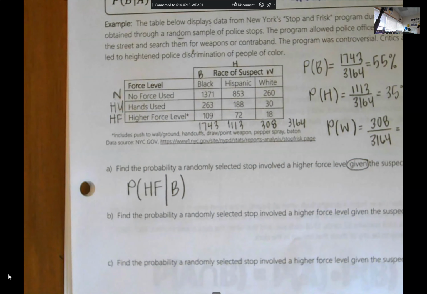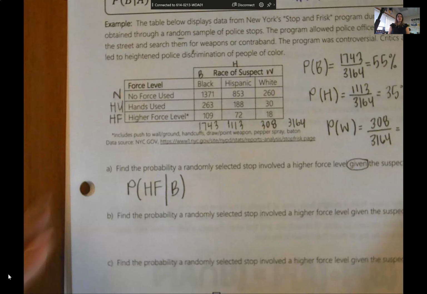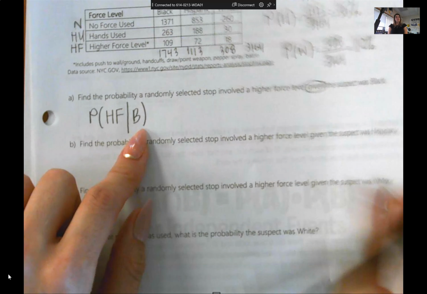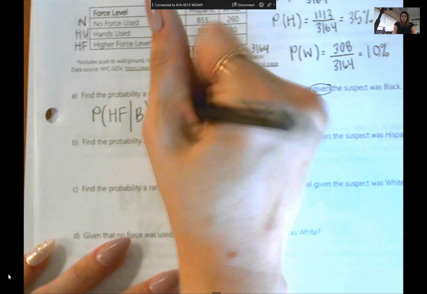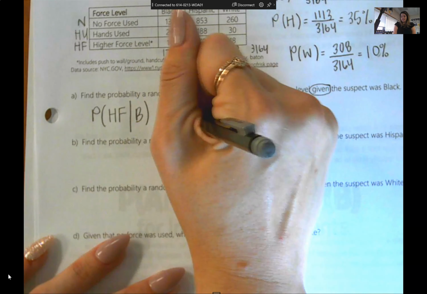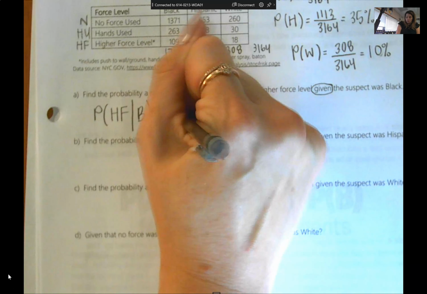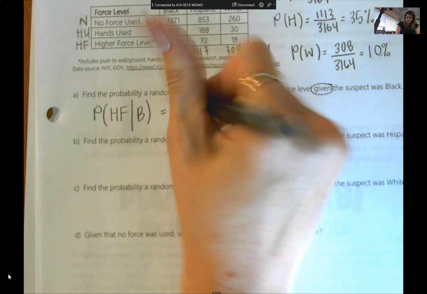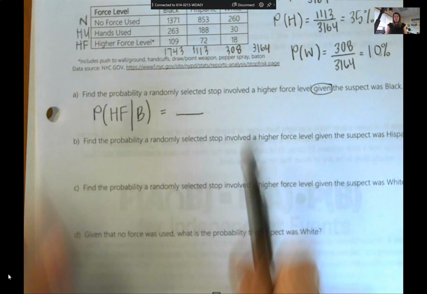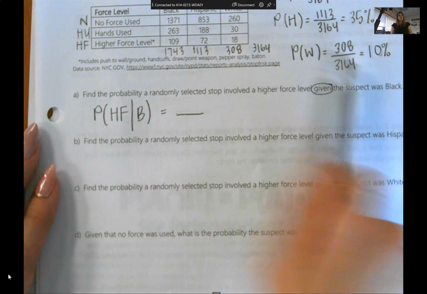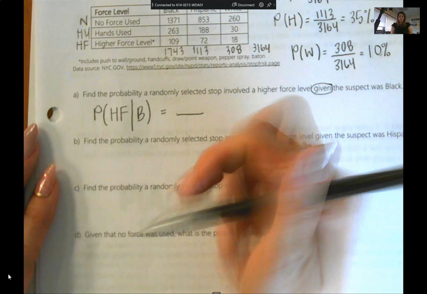What's the probability that higher force was used given that the suspect that you are with is black? Well, that means when we go to find this, we have to adjust our denominator to only the black suspects. So in the bottom now, we do not use 3,164. We use 1743.